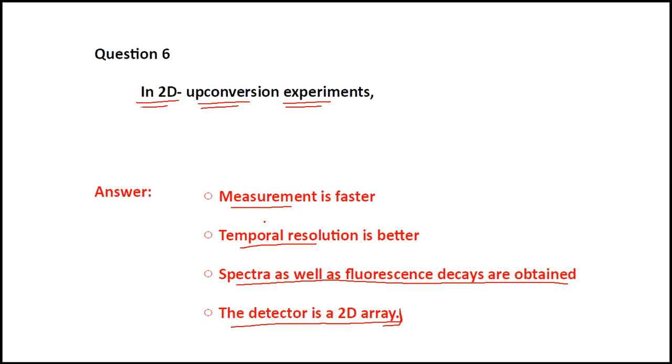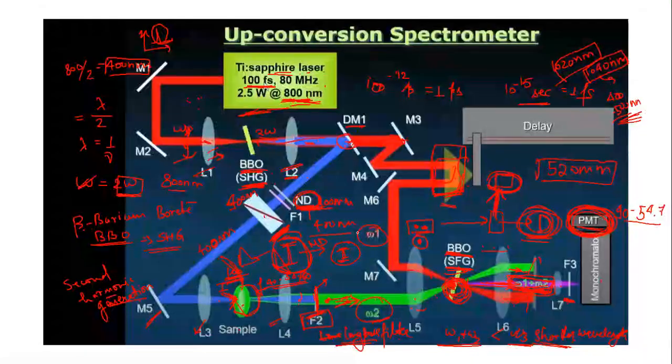Initially, what about this measurement being faster, or the temporal resolution? So, in the 2D upconversion experiment, suppose in this instrument, at last what you get is intensity with respect to time.